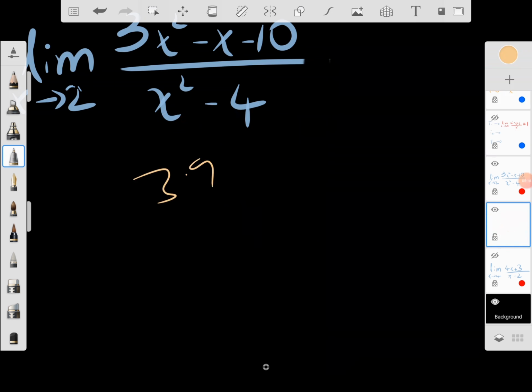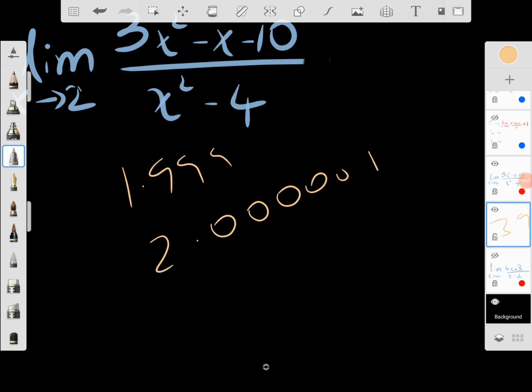Sorry, x is approaching 2, right? So very close to 2, like 1.999 or 2.00000001. You can substitute those values and see what answer it approaches. That is the best way to understand the concept.